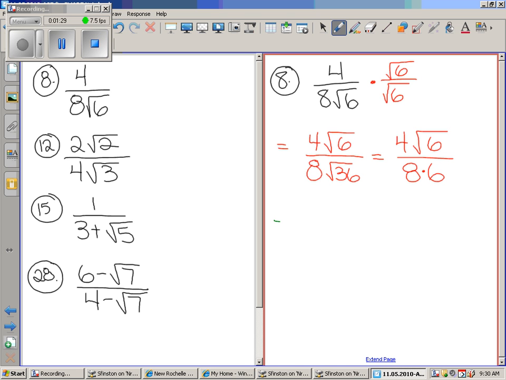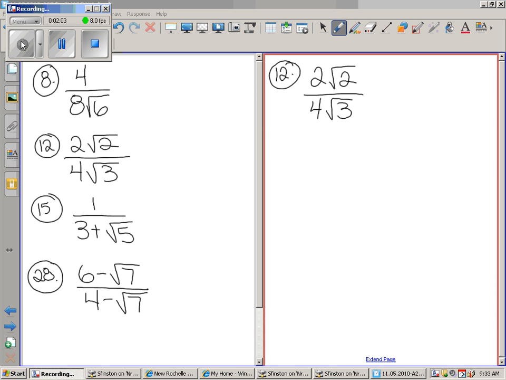Okay, so from here, we've got 4 square root of 6 all over 8 times 6 is 48. And these guys right here, this 4 and this 48, there's no addition subtraction separating any of the terms, and so you can just reduce those, and that reduces to 1 square root 6 over 12, because 4 goes into itself 1 time, and 4 goes into 48 12 times.